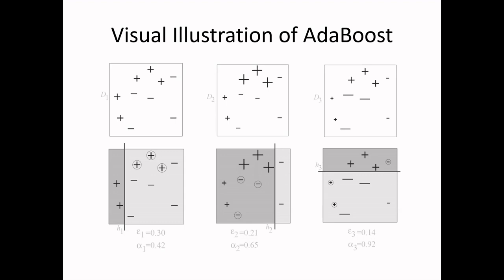In this case, the classifier is a simple decision tree classifier with just one test, all right? The line you see indicates the test being done by the tree.